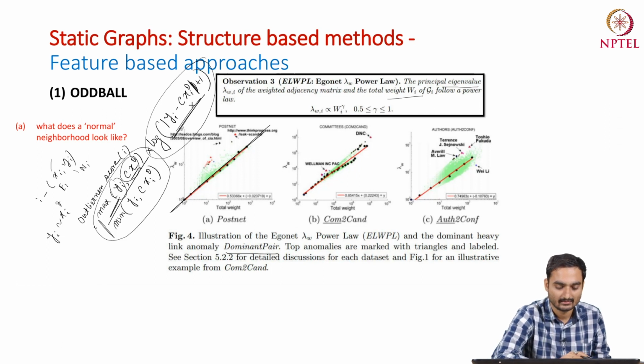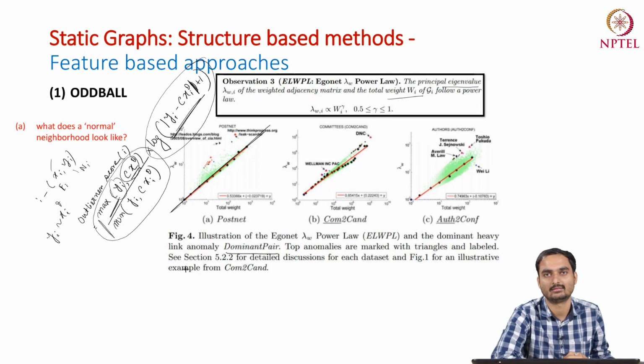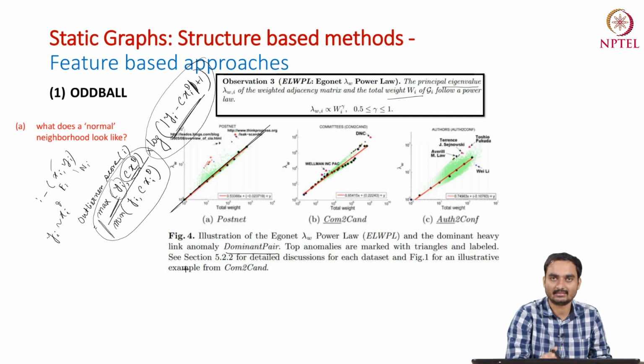Then you do not need to look at it visually; you just calculate this value for each entity, rank all these entities based on the outlierness score, and return the entities whose outlierness scores are higher. So, this is about oddball. I strongly suggest you read the paper, a fantastic paper.